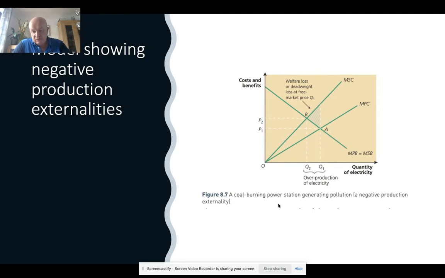And you can see as a result of that there is a welfare loss or deadweight loss at the free market quantity of Q1. Okay, so you can see that effectively that's where we should be producing at, but fundamentally the market is not doing so, and so effectively we've got a loss of welfare in that area. Okay.